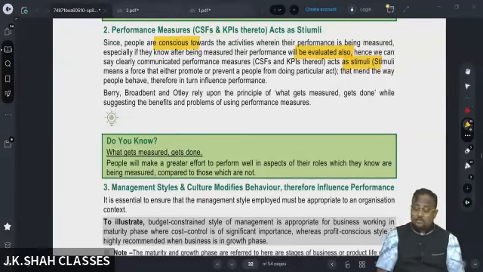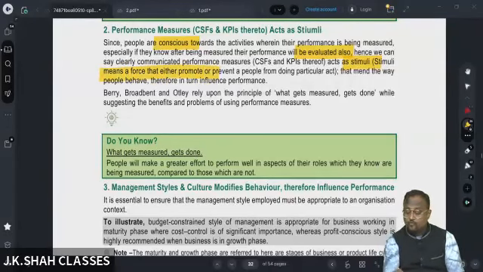Stimuli means a force that either promotes or prevents people from doing a particular act. Stimuli that mend the way people behave.